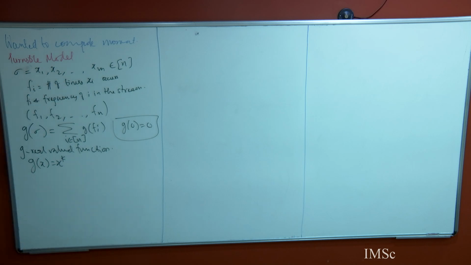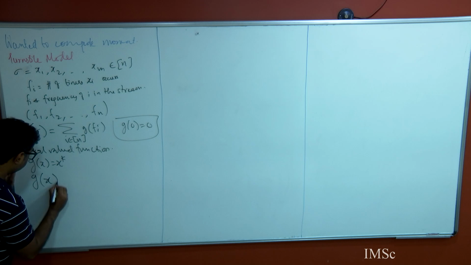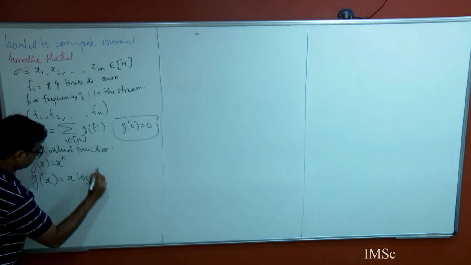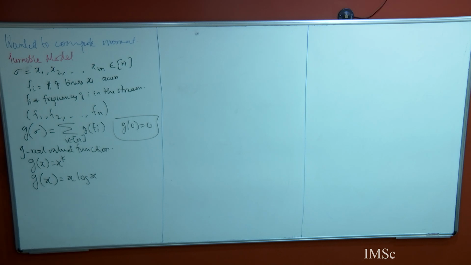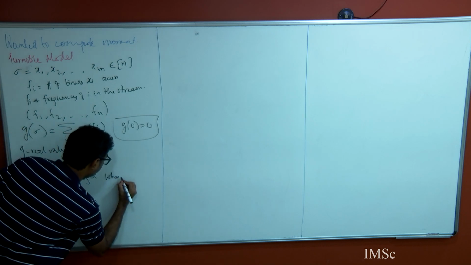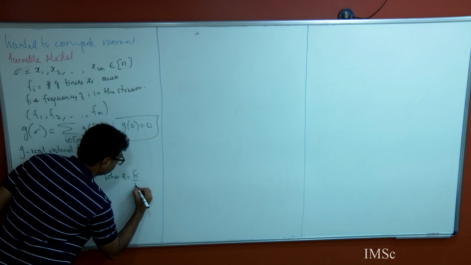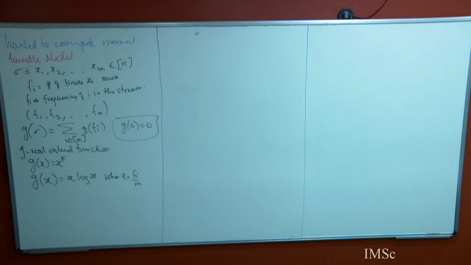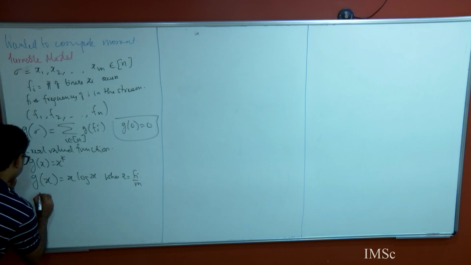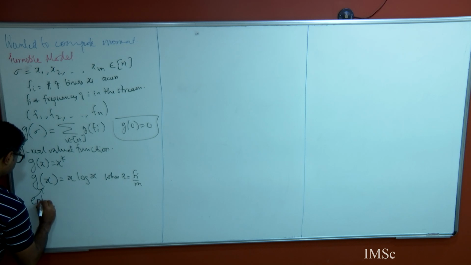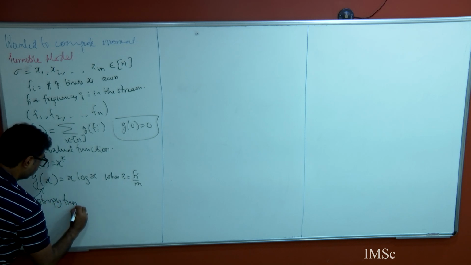There is another example of g which is used quite a lot, x log x, where x is fi by m. This basically computes the entropy function. These are the two examples that have been used quite a lot.